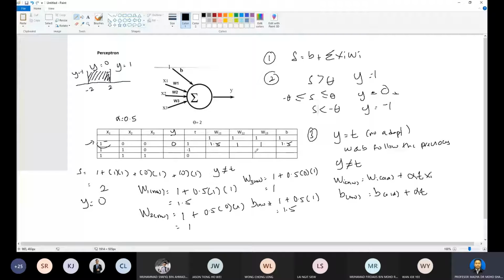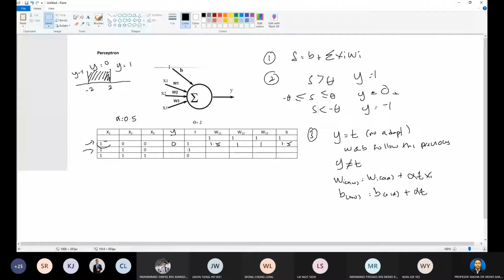Next we go for the second iteration, following the same sequence. First we have to calculate the S. S equals B, and B will be B new. This is the same as McCulloch and Hebb: we have to follow the previous weight and bias.